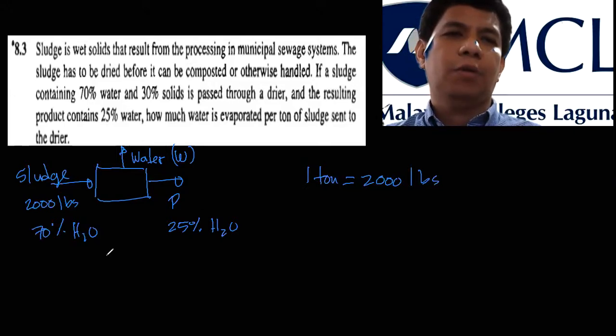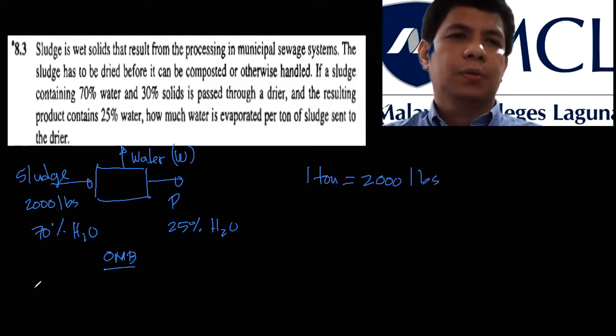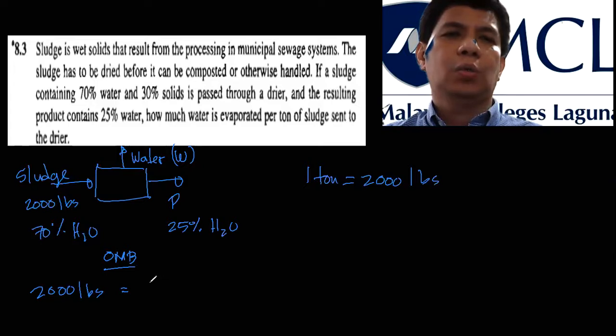So let's perform an overall mass balance. So 2,000 pounds of sludge will separate into water and the product, the dried sludge.